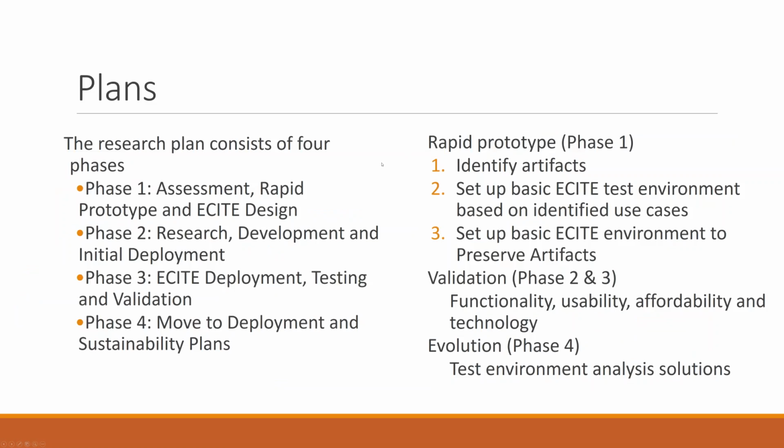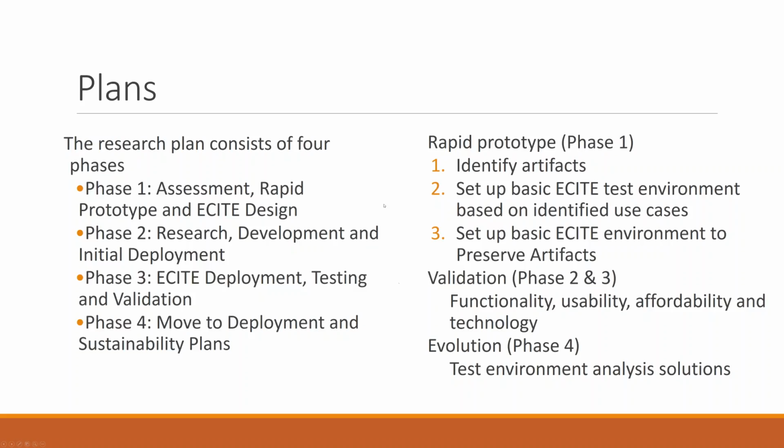So this is a plan of the entire ECITE project. We have finished the prototyping, and we identified the artifacts, set up the basic testing environment, and we have several projects from the EarthCube program running in the environment. Along with doing some of the validation about the functionality, usability, affordability and technology of this, and also getting a little bit into test environment analysis.